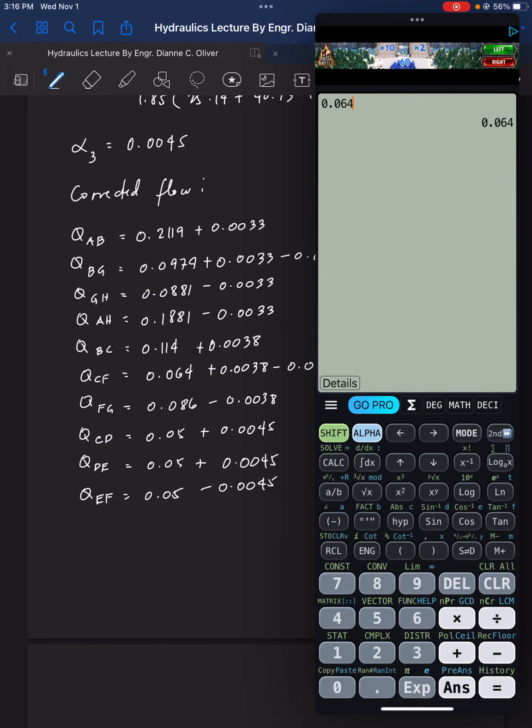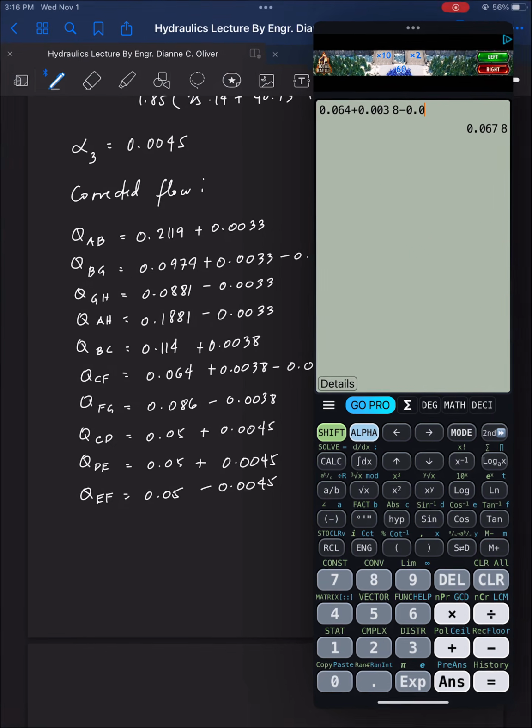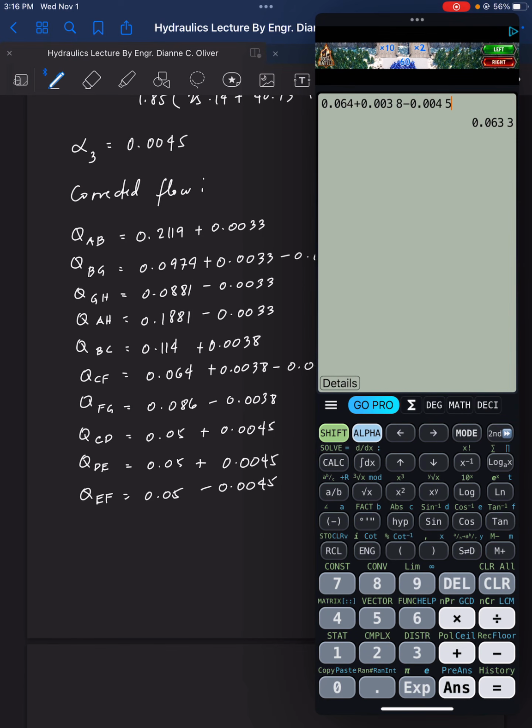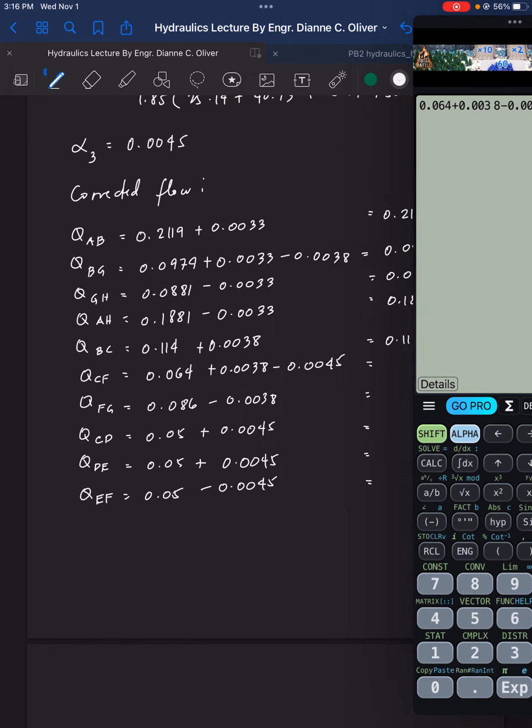Then 0.064 plus 0.0038 minus 0.0045, so 0.0633.